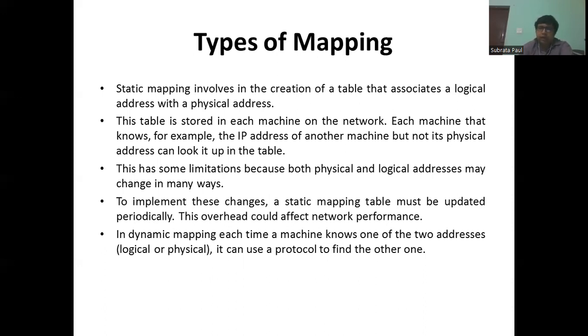On the other hand, the logical address can also change in different circumstances. If a host or machine switches from one network to another network, then since there is a network change, the IP address will change. Or if the modem is reset, sometimes the IP address can change.